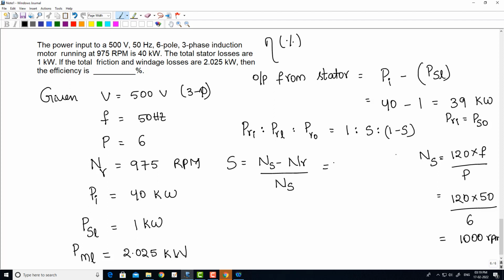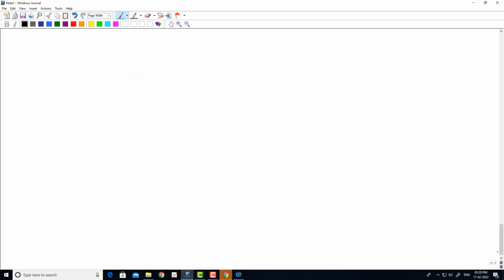So just now we found out 1000. 1000 minus rotor speed, it is given 975, divided by 1000. That is equal to 0.025. Slip we found out, right?